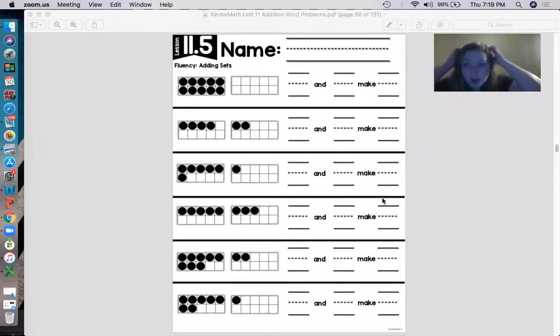So what it wants us to do, instead of pretty pictures, we're going to do 10 frames to make our problem. So let's see, how many do I have in the first 10 frame? Ready? 1, 2, 3, 4, 5, 6, 7, 8, 9, 10. So I have 10 in the first 10 frame.